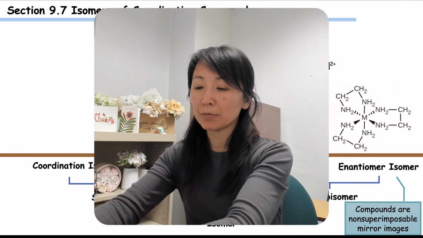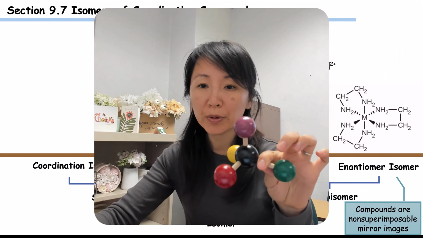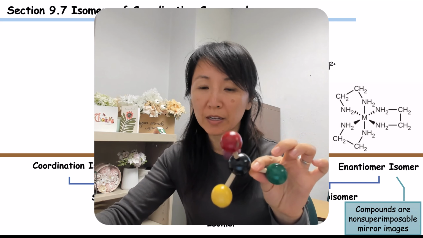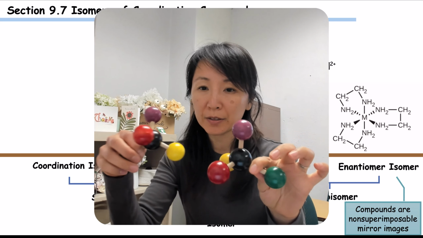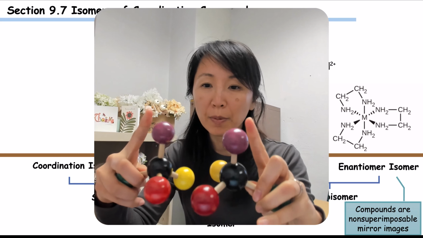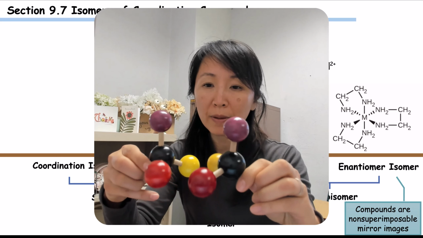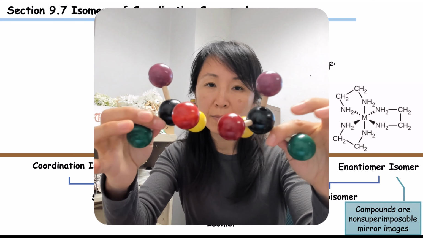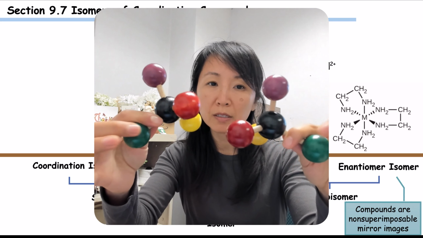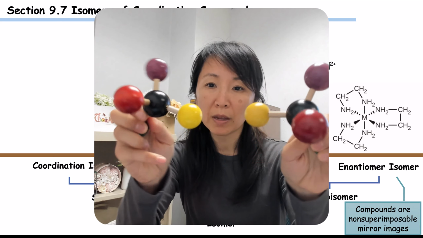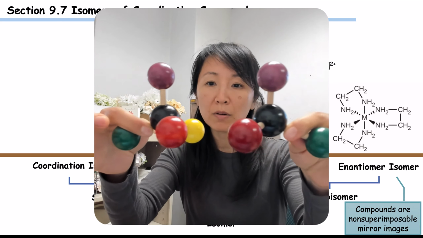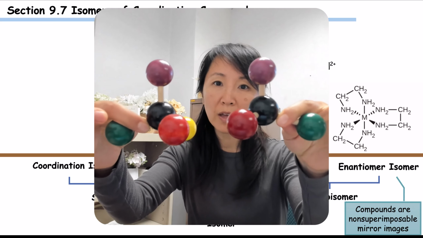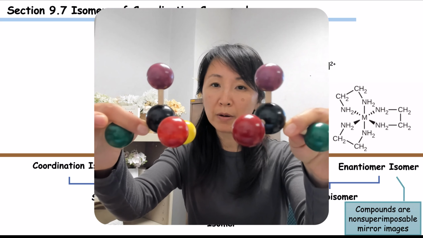So I have these models here. The purple ones are on top, the red ones are coming towards you, the green ones are kind of on the plane, and we have a yellow one in the back. So they're mirror images of each other, right? The left and the right one.